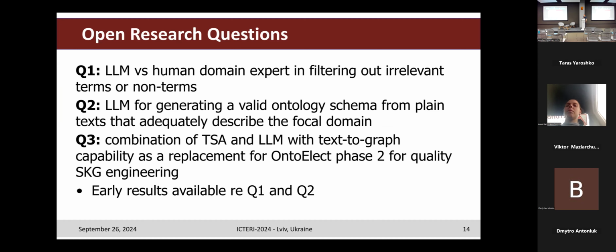And lastly, to combine those two questions, we wanted to understand if a combination of TSA and an LLM with a text-to-graph approach could be used to replace the Ontolect phase 2 for quality knowledge graph engineering. In the current state of the research, we have some early results available regarding questions 1 and 2.